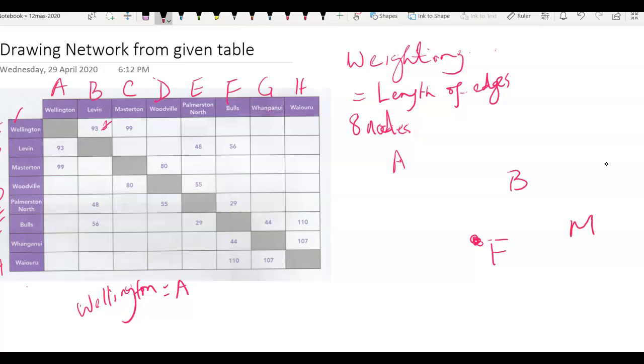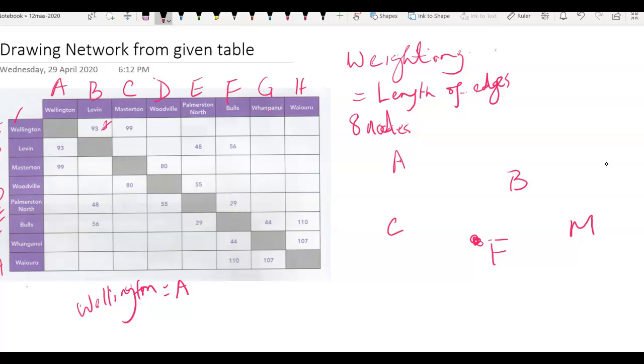Then A, B, C. How about C? C is connected to 2, so I place C. These are all arbitrarily chosen positions. It may not work. So later on I'm going to mention it's always better to carry a pencil and eraser. You might have to redo the whole thing a couple of times.